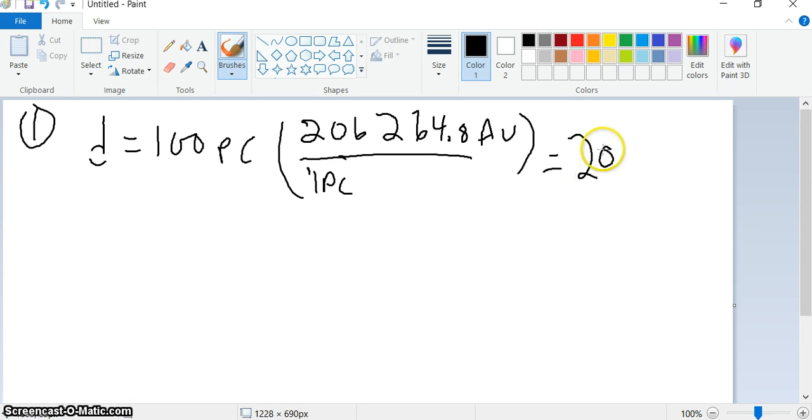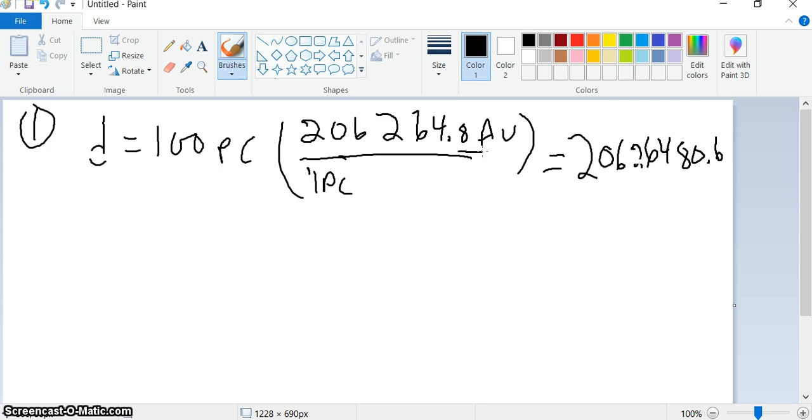So it's 206,264.8 becomes 20,626,480.6, well, I had rounded this part right here, so it's actually exactly 0.806. Anyhow, if you multiply by 100, that's the actual number, and 100 parsecs is that number.